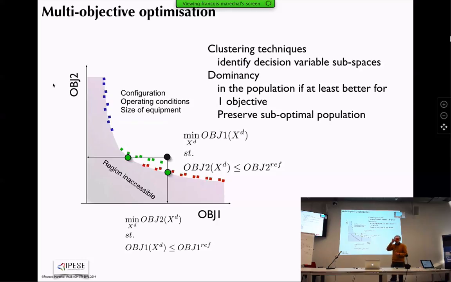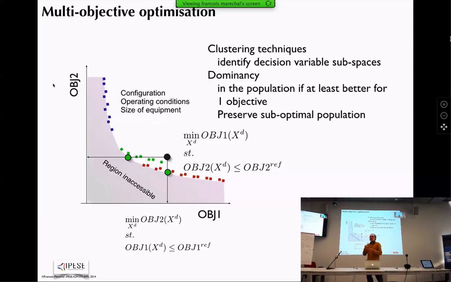So if you remember the way the evolutionary algorithm works, it generates a population from an old population, and the old population is generated by eliminating the ones that are less good. When I define who is less good, I look at whether I'm dominated with respect to the 2 objective functions, or the 3 objective functions if I have 3.